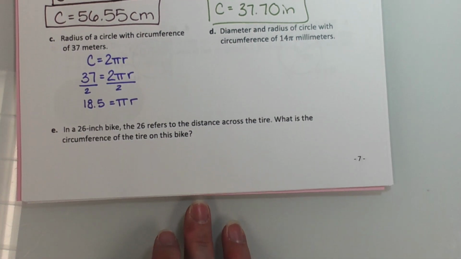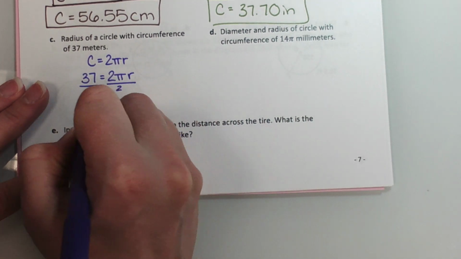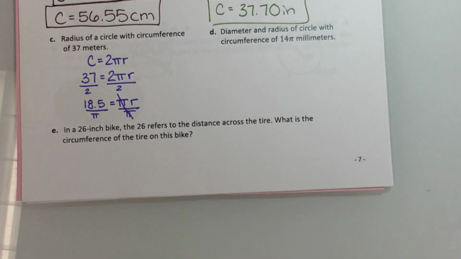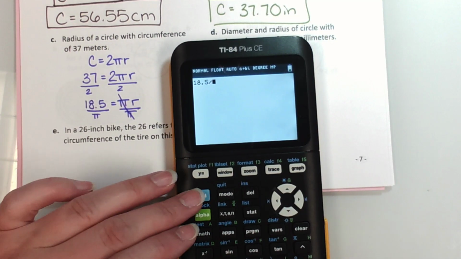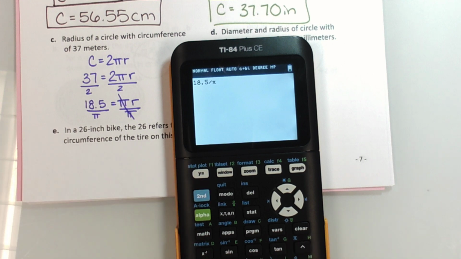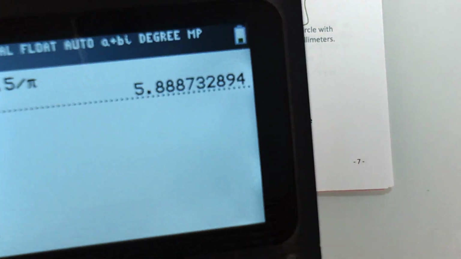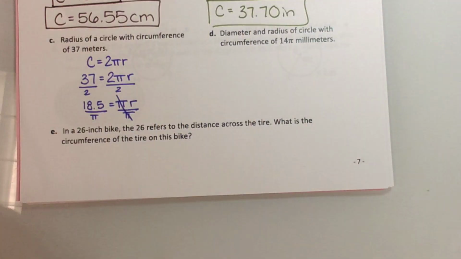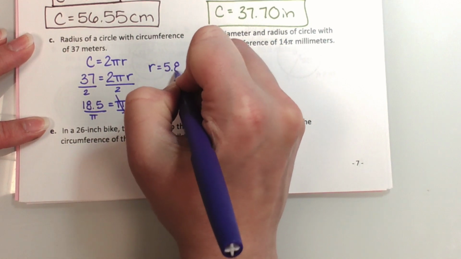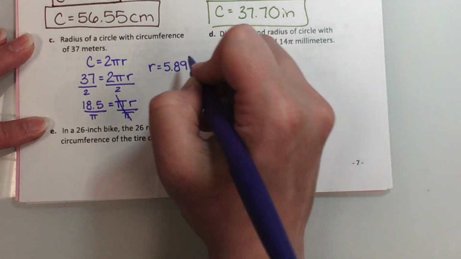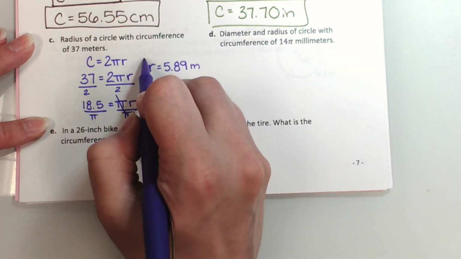Now what? Divide by pi. Dividing by pi will never give you a nice number, so it's always going to be a decimal at that point. 18.5 divided by pi. You have to give me a decimal answer when you're dividing by pi. 5.89. It's a radius, so meters.